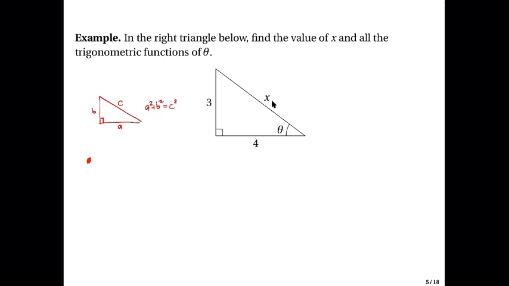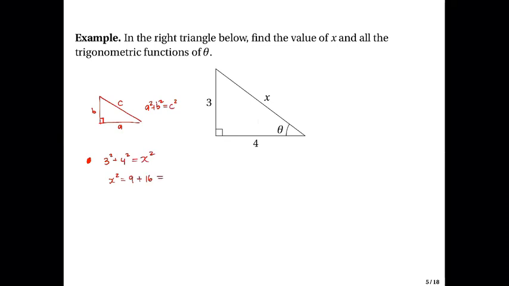So in this case, we have 3 squared plus 4 squared, which should be equal to x squared. Or you have x squared equals 3 squared, that's 9, plus 4 squared, that's 16.